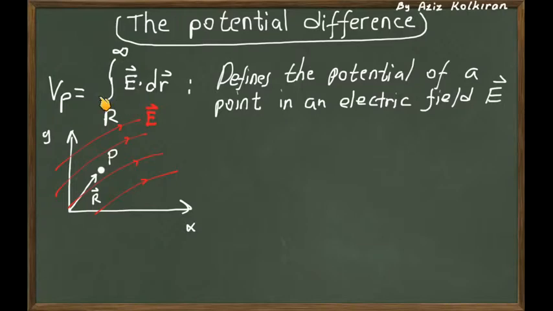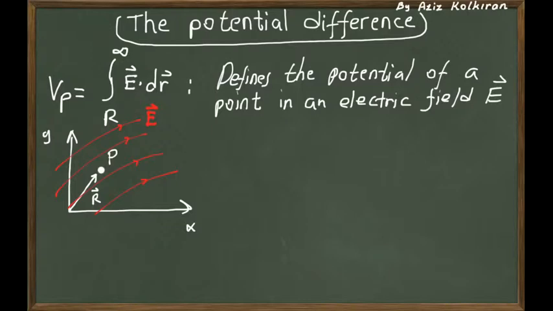Okay? The integral is from point r to infinity, of the electric field E dot dr. So you can ask, what is this dr taken along? And in which direction will I go to infinity? In every direction, any direction is okay. You can go to infinity on a line, or on a curved line, on different lines.